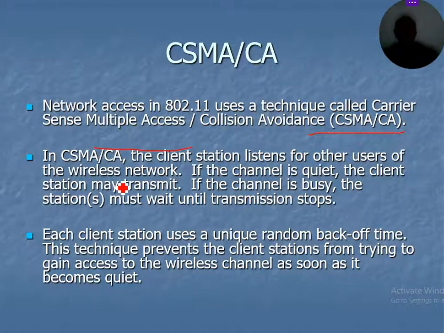In CSMA/CA, the client station listens for other users of the wireless network. If the channel is quiet, the client station may transmit, and if the channel is busy, the client station waits until the transmission stops before it can transmit its own. This is how they avoid collision.